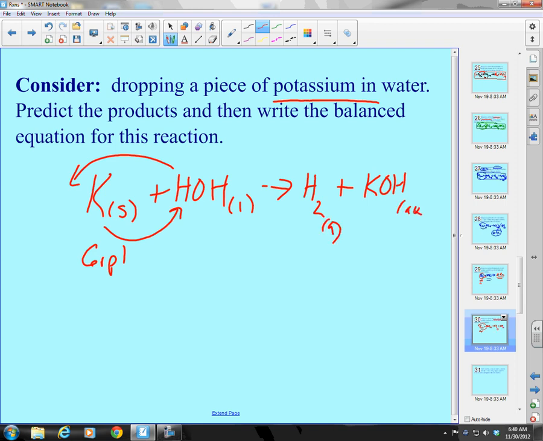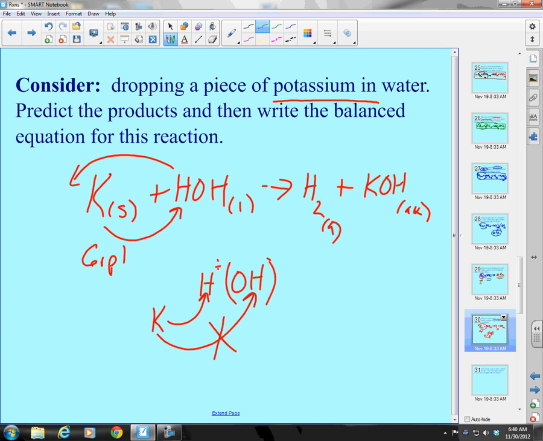This is going to be aqueous. Hey, by the way, now do you see why I write water as HOH? It's kind of like an H plus and an OH minus. When this K comes in, does this K ever knock out the hydrogen from hydroxide? No, it only knocks out this hydrogen, and the hydroxide is left whole.